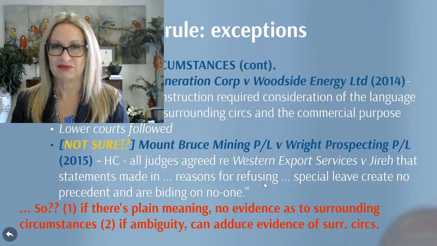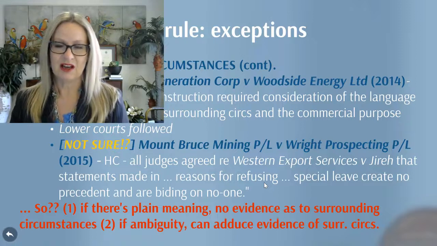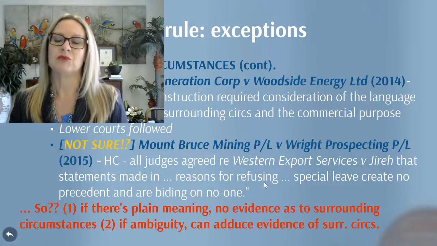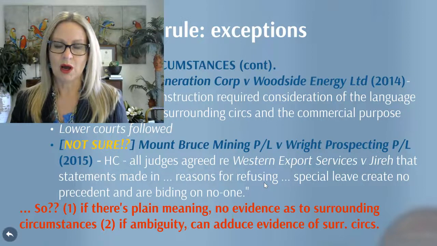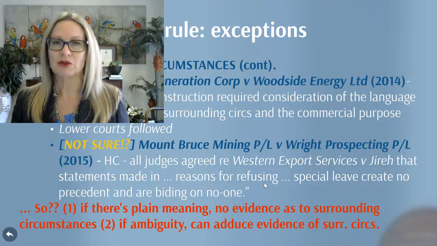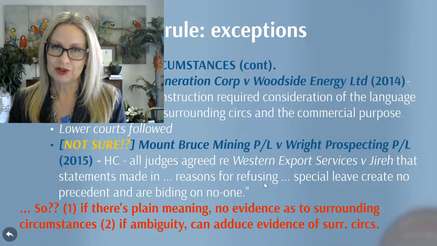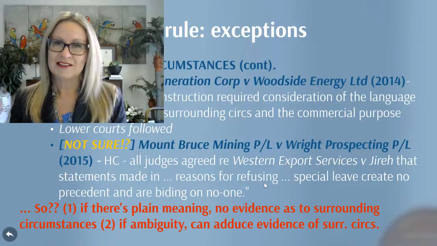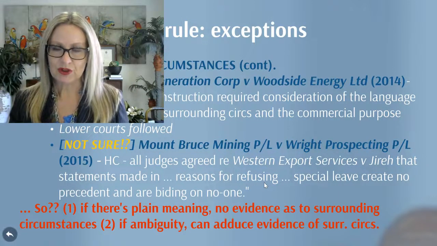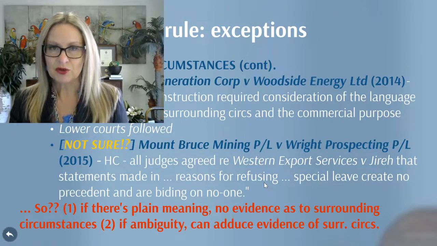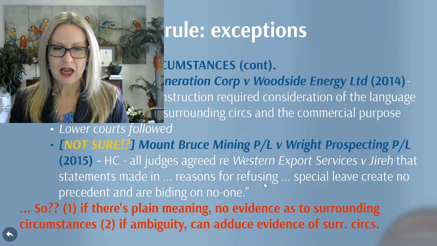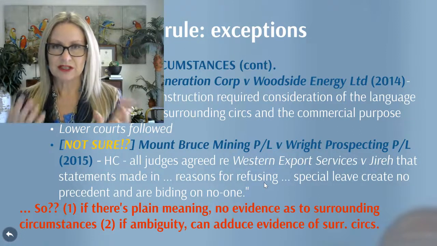So I'm guessing that they will grant special leave to appeal in a suitable case sometime soon, hopefully, that will clear up for us whether or not we're going to be applying a more relaxed approach to letting in parole evidence to clear up ambiguity, and therefore we are going to just say, well, as a matter of course, when we're construing a contract, we're going to look at the terms plus the surrounding circumstances, or whether they're going to stick with that true rule approach and lock down the parties to the written terms of their contract, unless there's something from the terms of the contract that hits us in the face as being problematic. Until we get that High Court decision that defines it definitively.